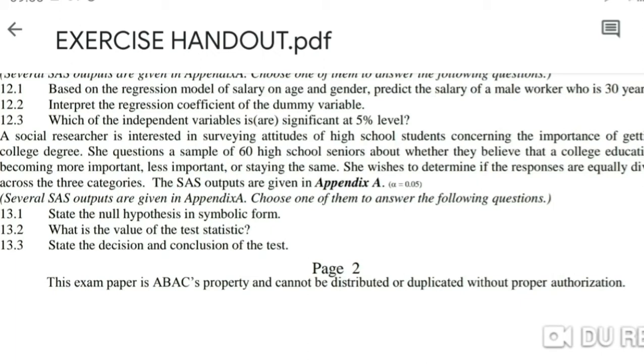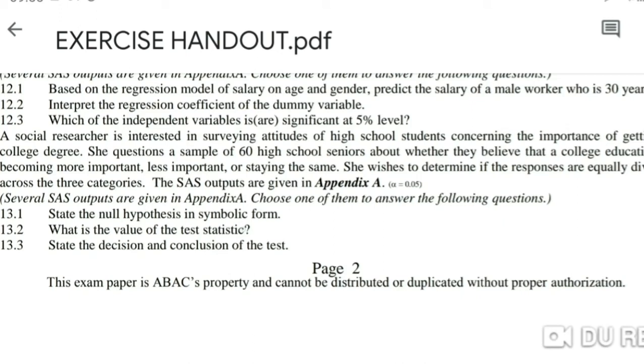Therefore, this is to compare frequencies, percentages, proportions, 3 proportions of 3 divisions of the population. Therefore, this is chi-square goodness of fit for multinomial variable, equal expected frequency case.